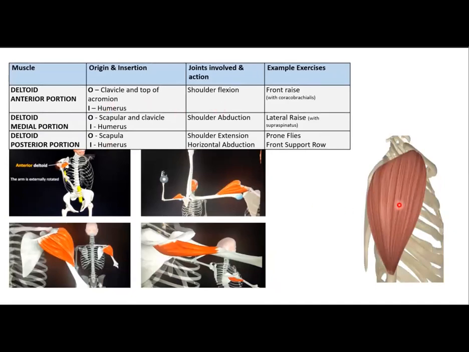Okay, which is here. And then the medial portion is your scapula and also a little bit your clavicle, which is here. And then your posterior is your shoulder blade, is your scapula. But all of them, all three insert into your humerus. Yeah, so because it does an abduction, it does a flexion, and it does an extension.